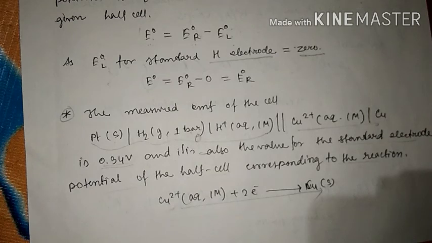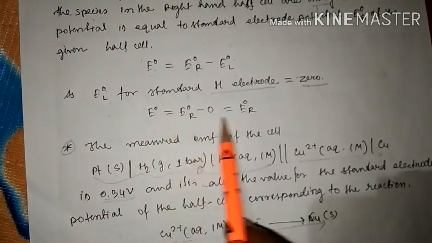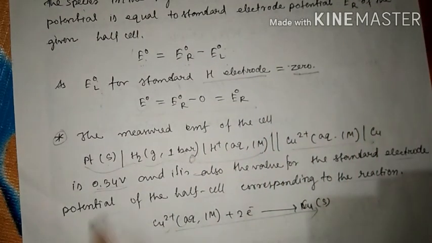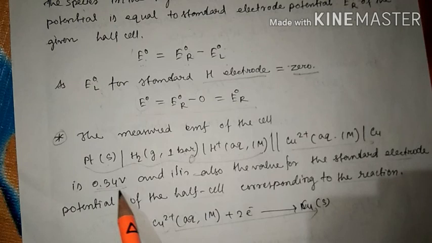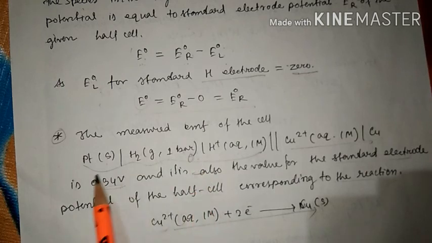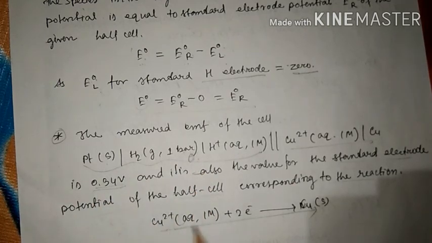Where do we get it from? From this formula. This 0.34 volt comes only from this reaction, not the hydrogen electrode, because there the potential is 0. The whole value of potential comes from this equation: Cu 2 plus aqueous, when it takes 2 electrons, goes to copper solid.